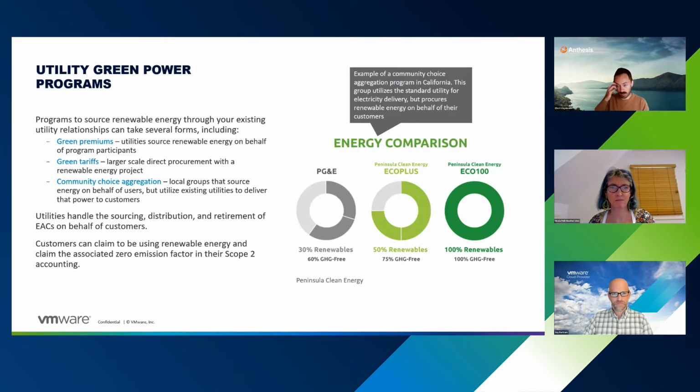Taking the first one, a green premium. This is a product that your existing utility will create. They'll go out and they'll source renewable energy on your behalf. You sign up to the program, and then you are guaranteed to get the attributes associated with that renewable energy. The way these programs work is the number of people who sign up for the program, the utility then has to go out and procure enough renewable energy to meet all of the demand for everyone who signs up to that program.